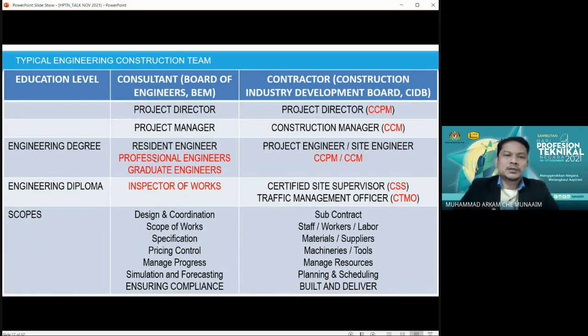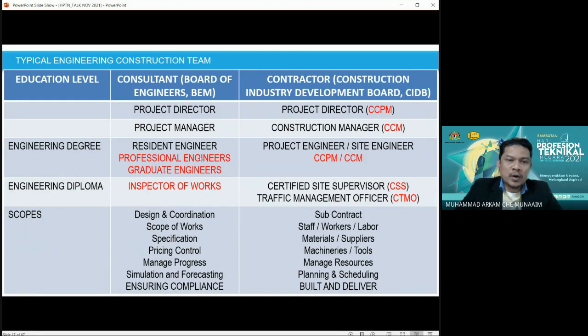They are expected to register at the Board of Engineers as a graduate engineer first, to be appointed as a resident engineer of the site. Later on, they will become professional engineers if they pass the assessment, PAE or PI.